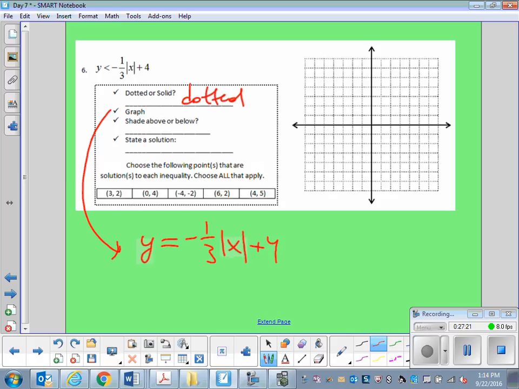Just because I don't like calculators very much. Compress by 3, then what? Reflect, compress, and then what about this 4? Up 4. So I reflect, I compress, and up 4. It should look something like that.